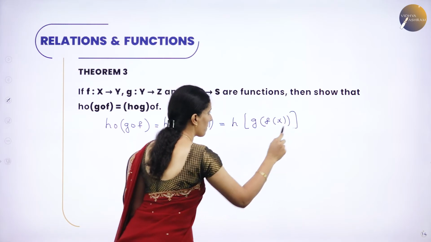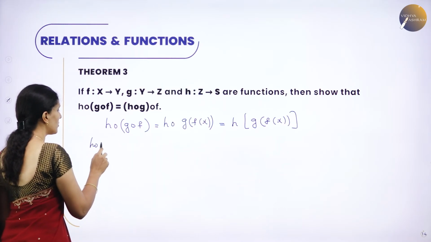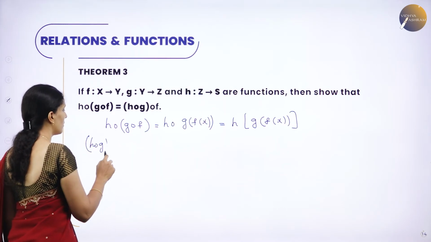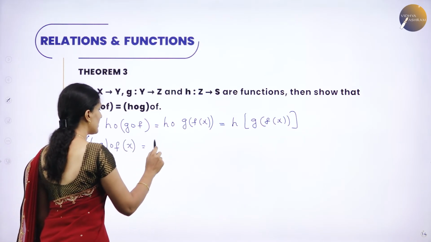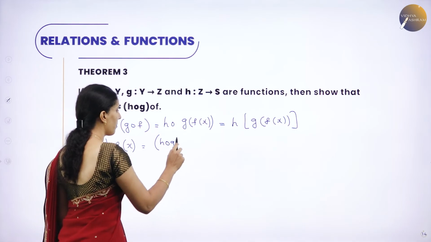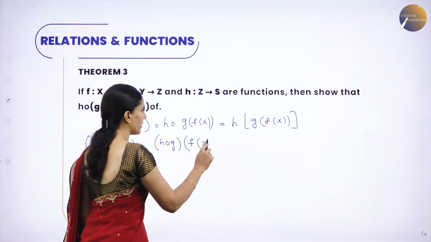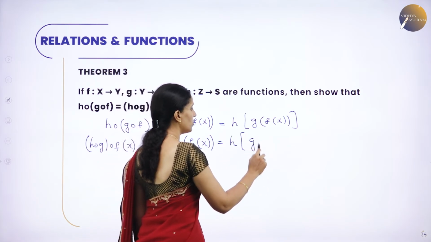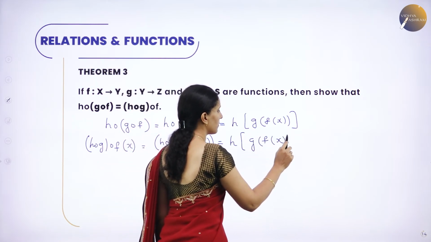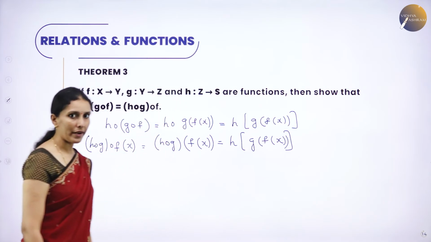Now here let me take (h naught g) naught f in the form of x. Then I can write this as h naught g of f of x. Again I can write this as h of g of f of x, which is one and the same here.